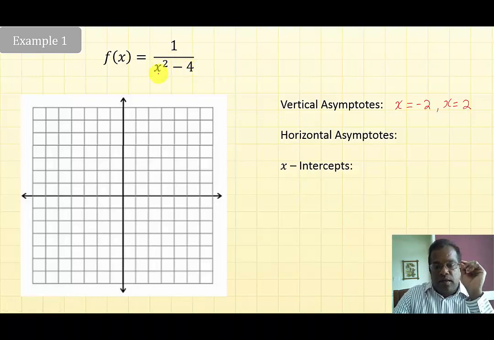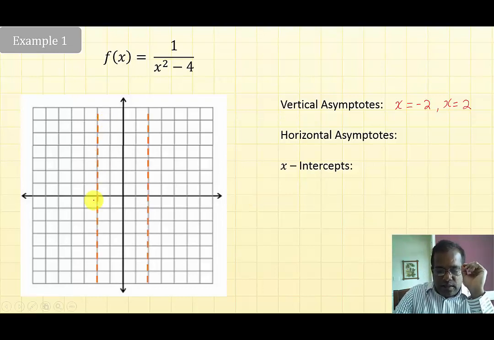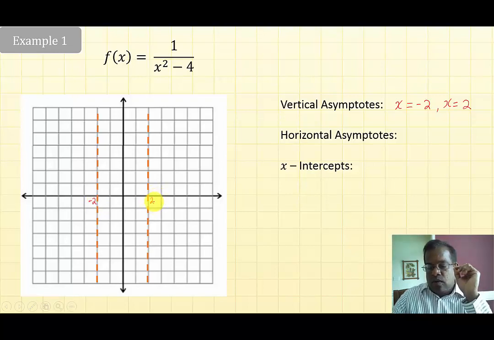The denominator degree is more than the numerator degree, so the horizontal asymptote is just the x-axis. Now these are the two vertical asymptotes at -2 and 2, and the horizontal asymptote is the x-axis, or y equals 0.